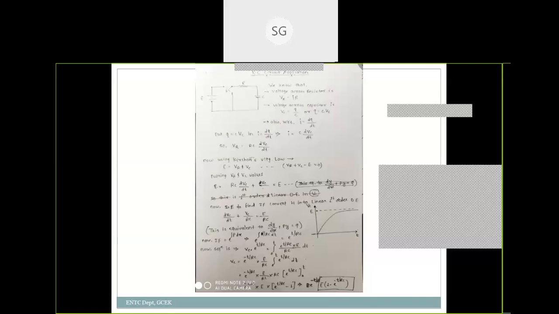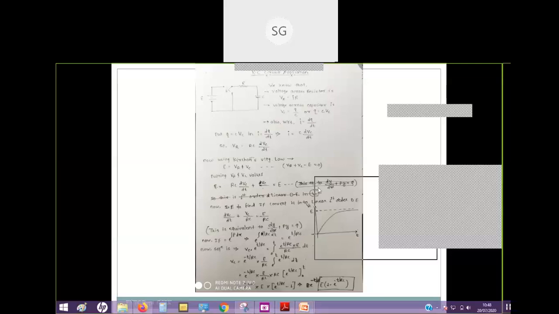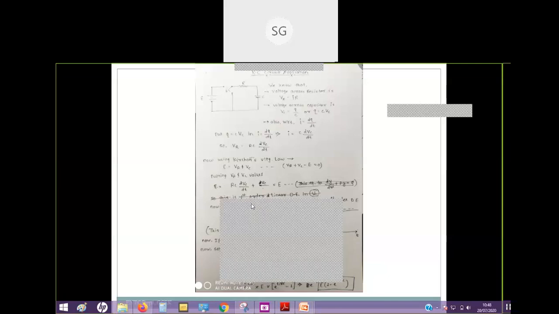Yes, correct. Now next is RC dVc by dt plus Vc equal to E. I am saying this is a first order linear differential equation. Whether this statement is correct, please confirm in the chat box that we have understood the basics.